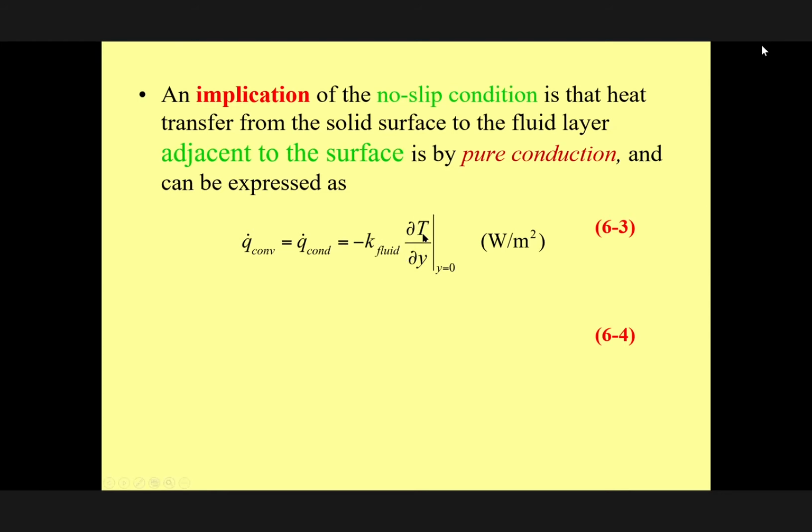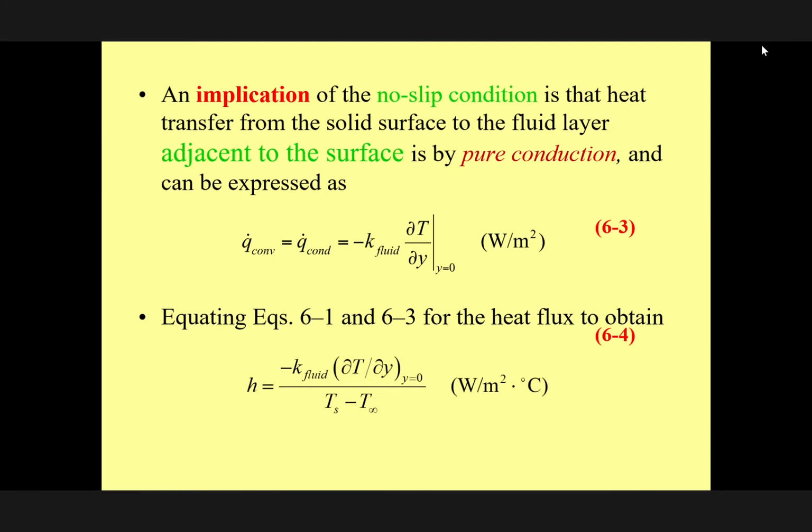This is the temperature profile, and here is the conductivity of the fluid, in this case the conductivity of the air. By using this equation, we were able to define h as this divided by the temperature difference. Therefore, that's the assumption we make here.